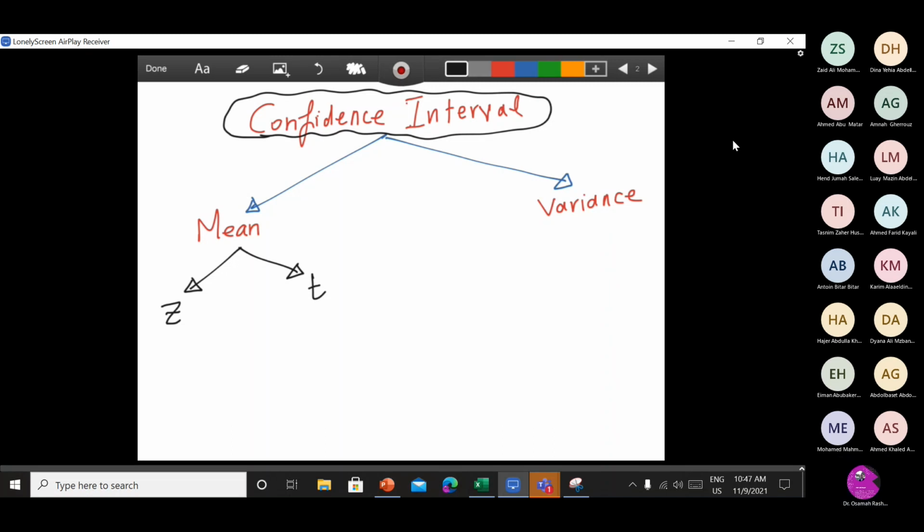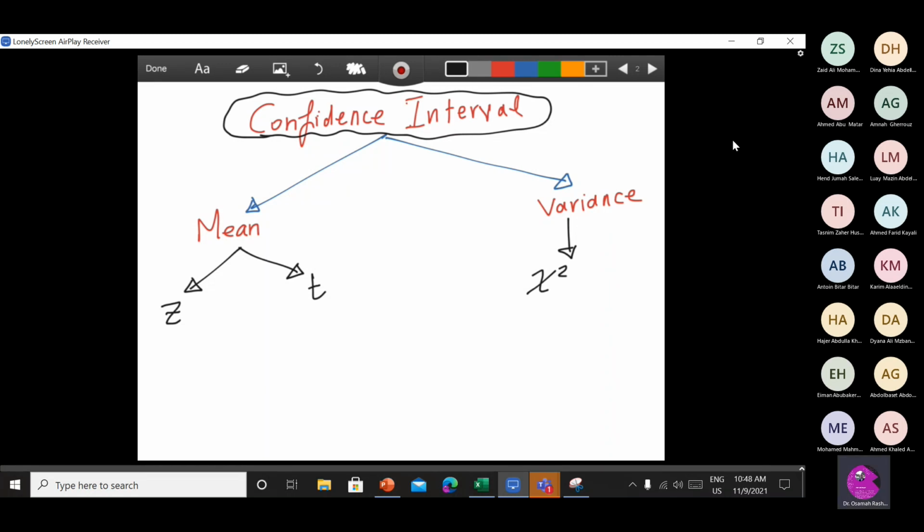So for the variance, we use what? One sample variance. The question was in the exam, and most of you solved it by Z and T, except Dean, I think. Yes. This is what? Chi-square, right?